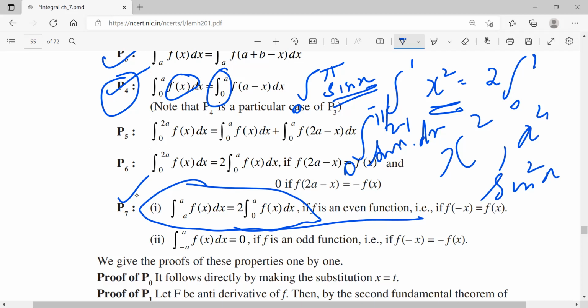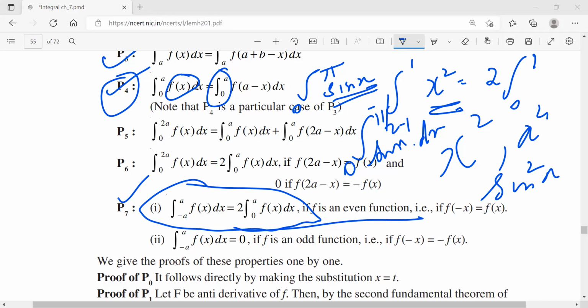Sin pi minus x. What is sin pi minus x? Is it sin x itself or some other thing? What is the value of sin pi minus x? My question is, I'll type in the chat and give it to you.